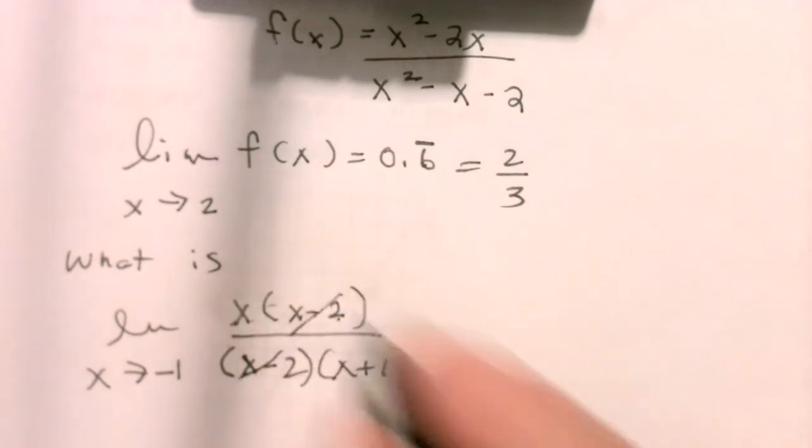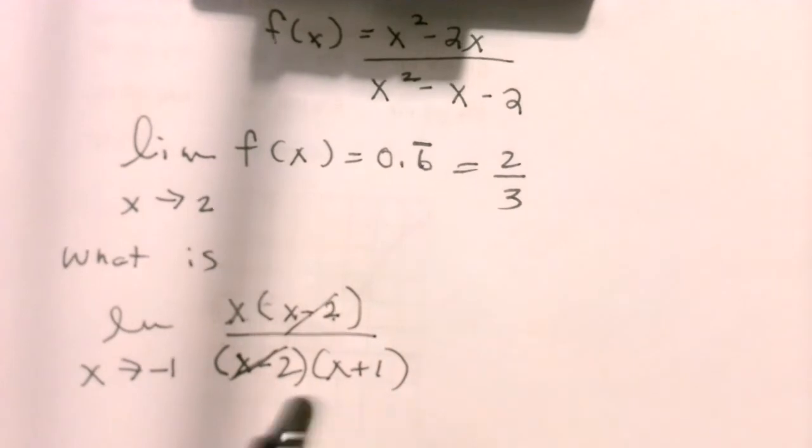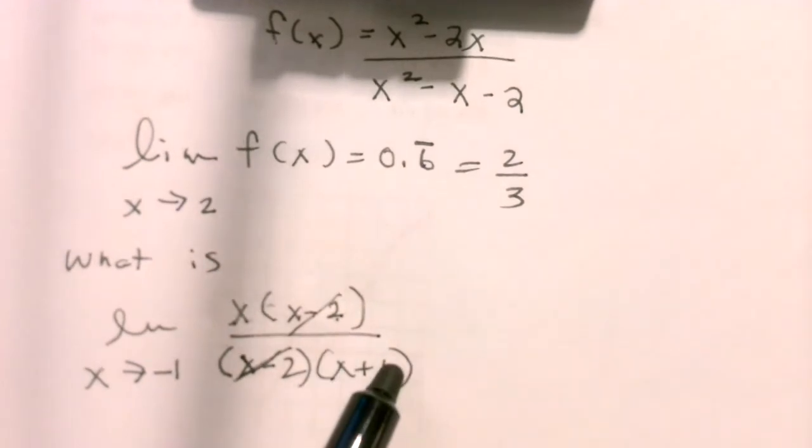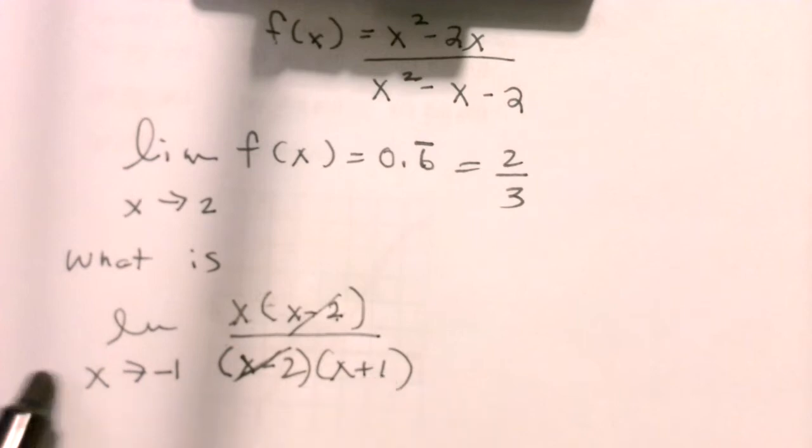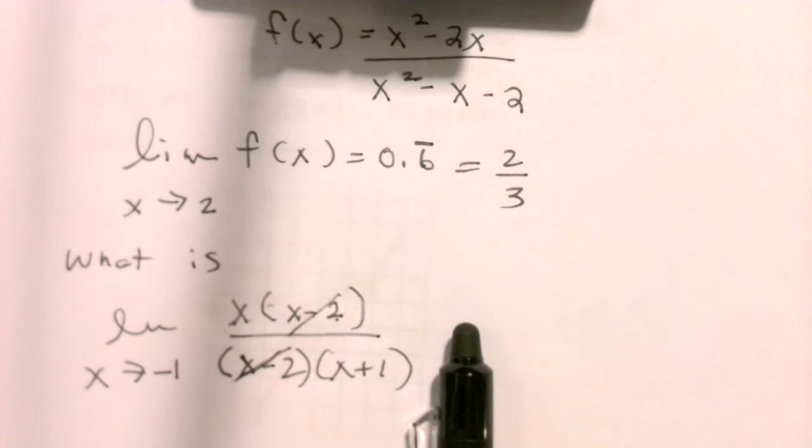And then that can cancel. But notice that this x plus 1 does not cancel. And that is the problem, because if you put in a -1 here, you're going to get 0 in the denominator. And so what actually happens is this limit does not exist. If we go back over here and we look at the function, that's where the vertical asymptote is.